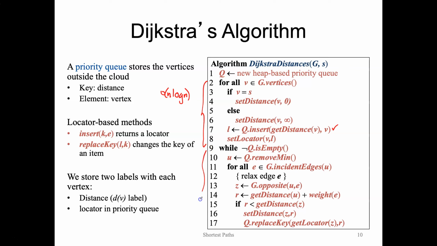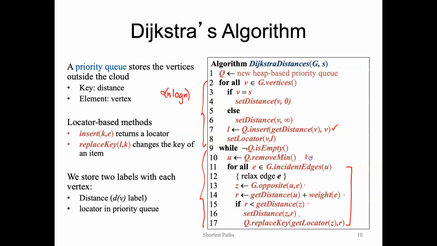Now for the next loop, we know we have n iterations of this, but a total of 2m iterations of lines 12 through 17 across all vertices. Total number of times we're going to execute those lines is 2m. And all operations here are constant time.